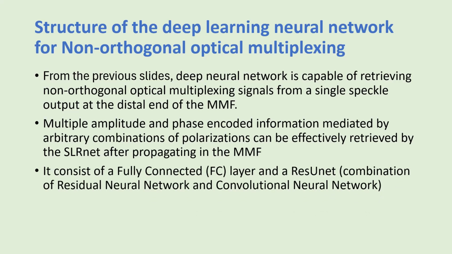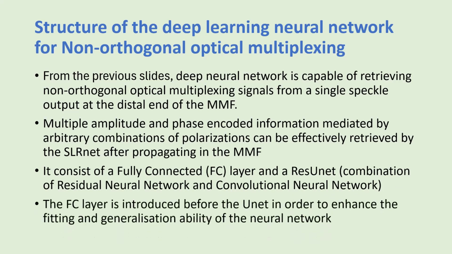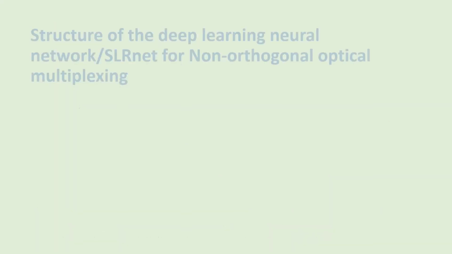The neural network consists of a fully connected FC layer and a res unit, a combination of residual neural network and convolution network. The FC layer of this neural network, or SLNet, is used to enhance the fitting and generalization ability of the neural network.